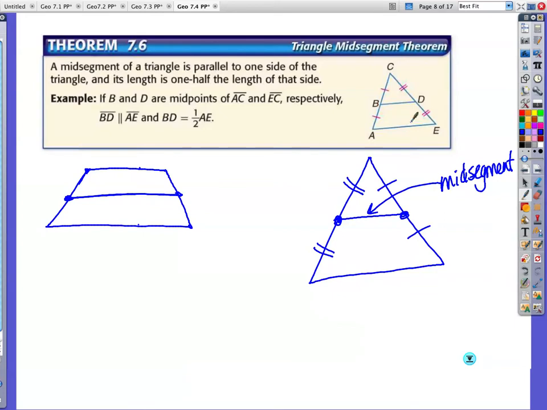What this basically shows us is that this is 1/2 of this. So if this is 100 centimeters, then this will be 50 centimeters. That's the rule of mid-segments.